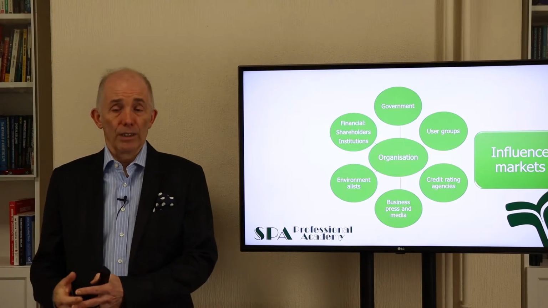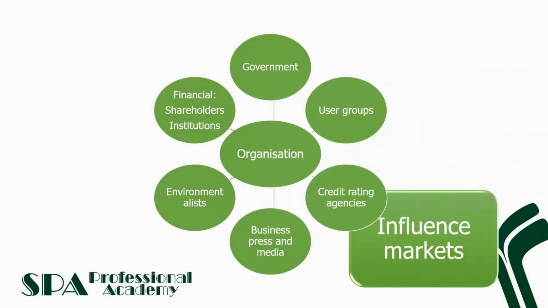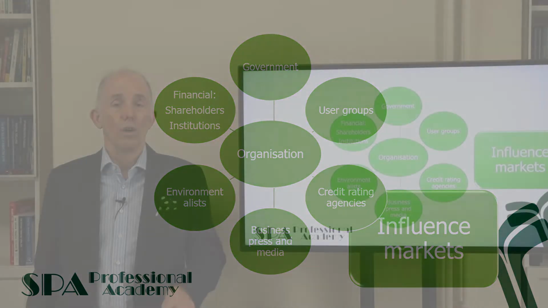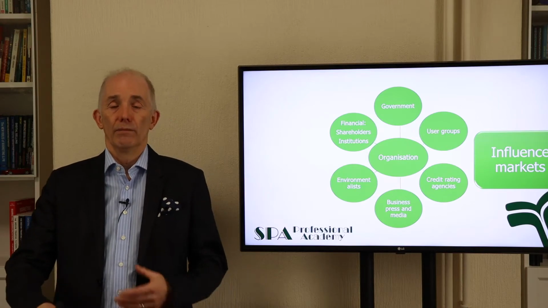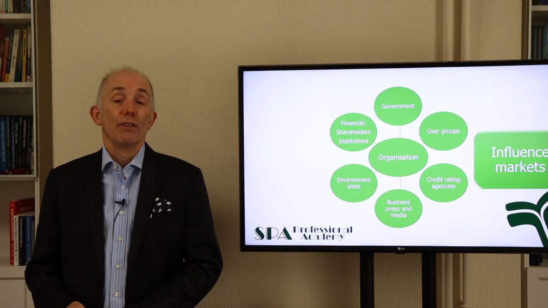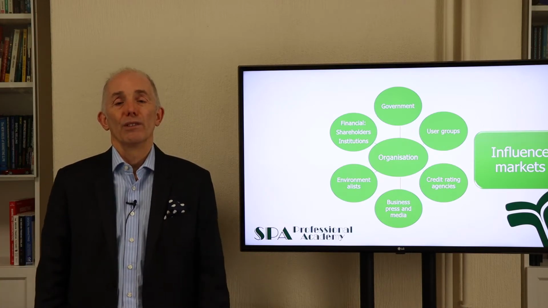And the other element, now this isn't comprehensive, you could add others in terms of this, that are relevant, specific to your context, but the financial influence ones, so shareholders and other institutions, banks in particular, are likely to be a strong influence. An organisation ends up doing what its shareholders need it to do. It responds to what the banks request, if it owes banks money, of course, on that basis.